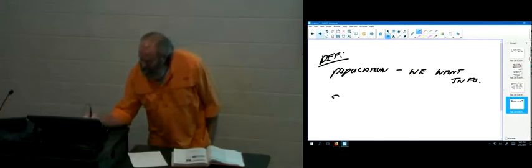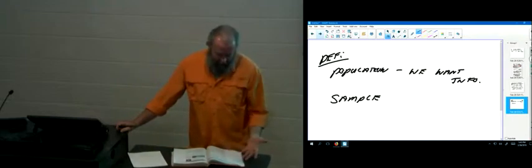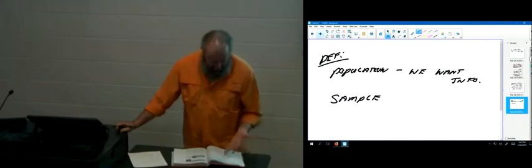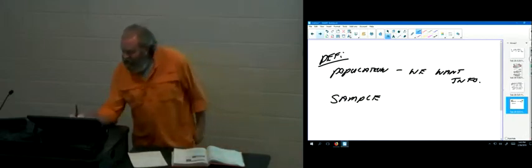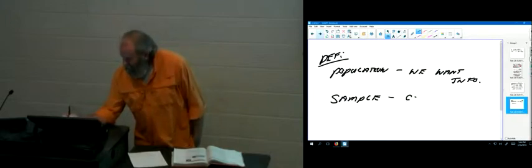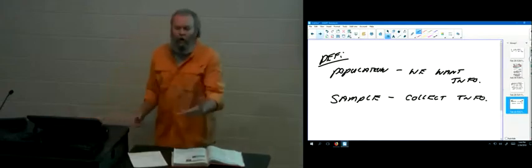And then there is the sample. It says a sample is a part of the population from which we actually collect the information. We use a sample to draw conclusions about the entire population. So here's what I think about the sample. Collect info here. And all our work is done with the sample.